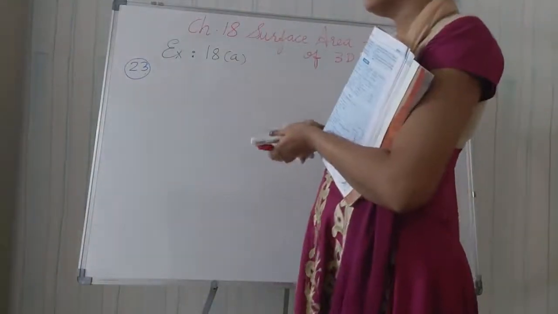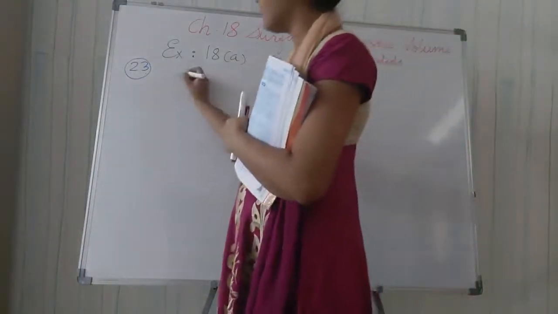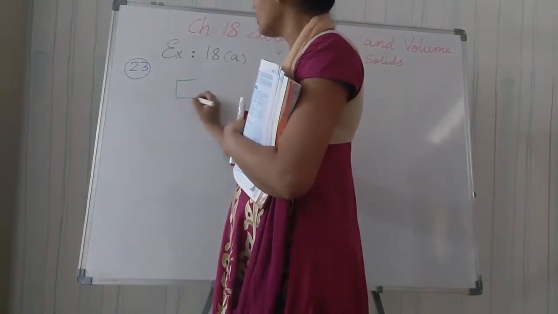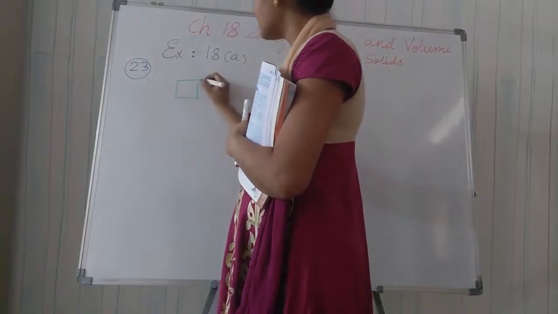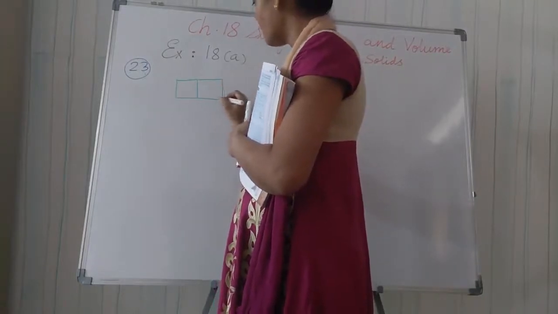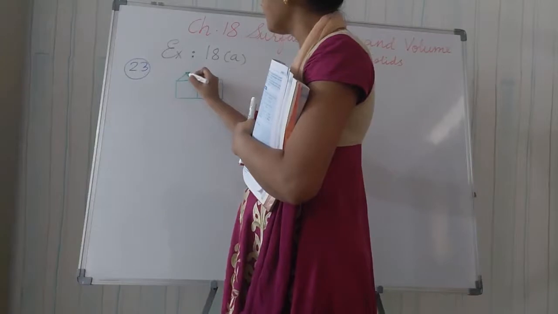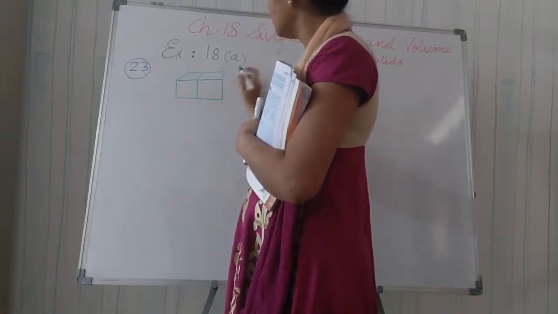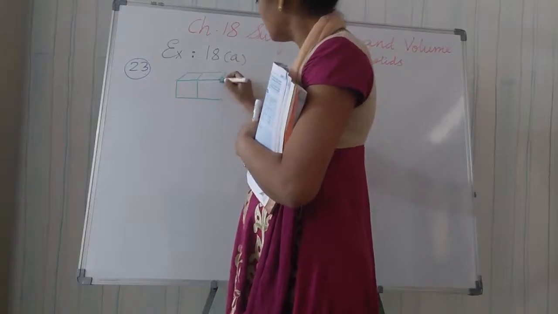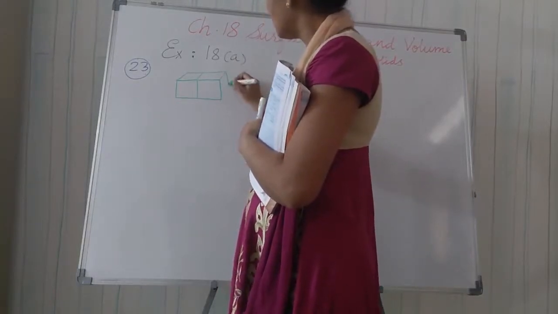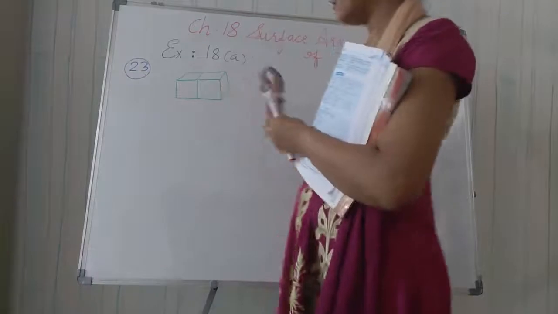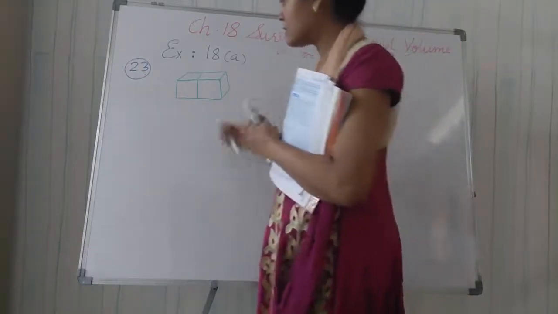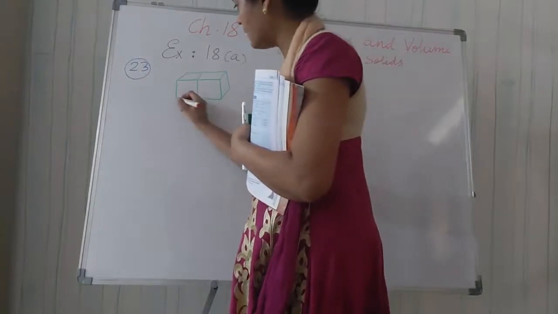How they say, these 2 cubes are there, whose edge is 8 centimeters. Okay, so this way it will be, right? So now when they join, it looks like this, and it is given that its edge is 8 and 8.